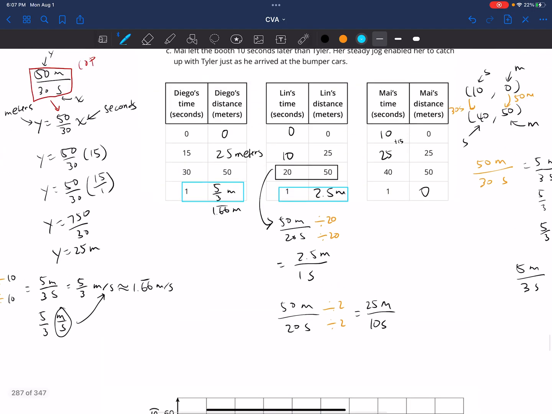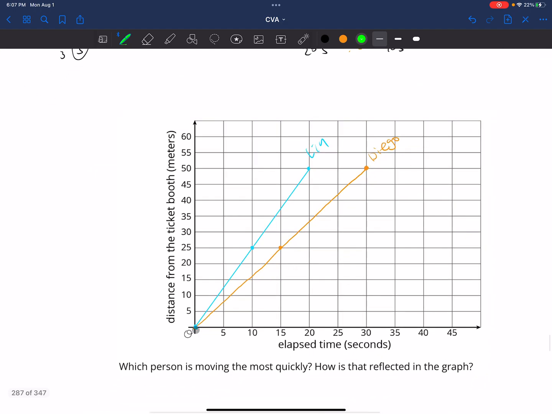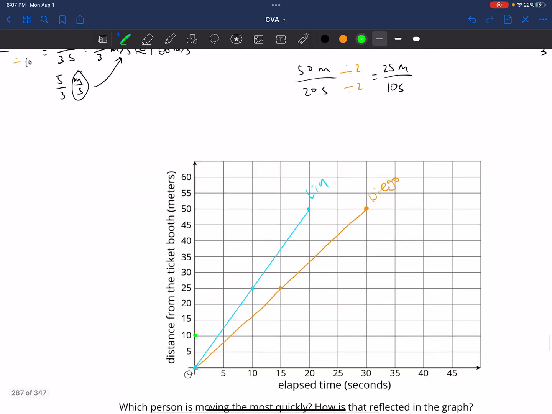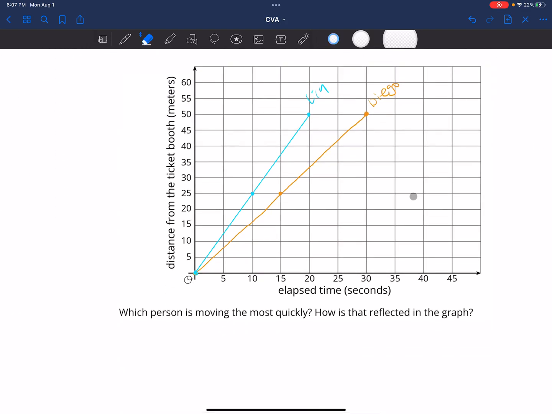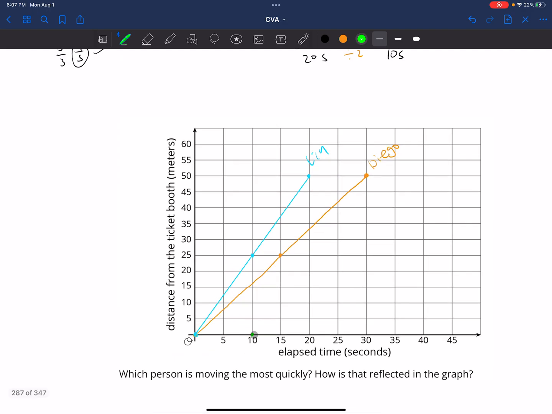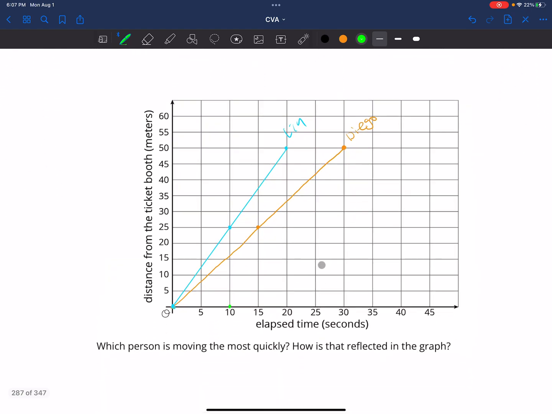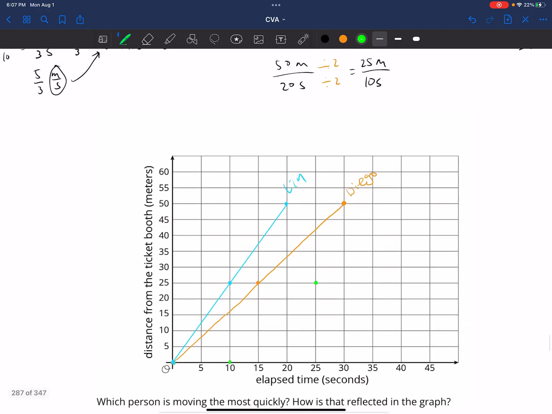And finally, we have Mai. I'm going to do this in this crazy green. Mai is 10 seconds and 0 meters. So that's 10 seconds, and that's 0 meters. My bad. So that's going to be 10 seconds and 0 meters. And 25 and 25.